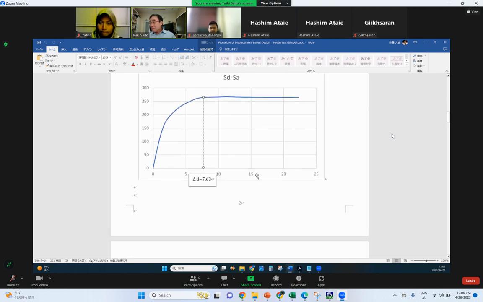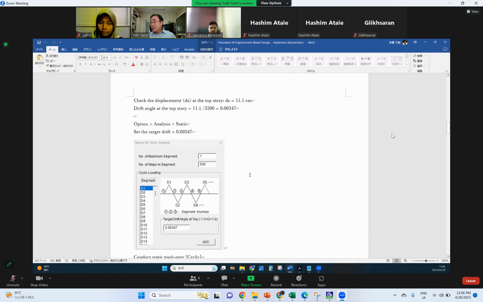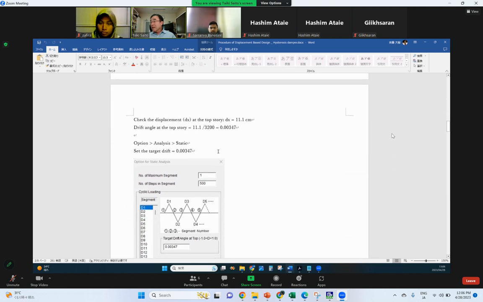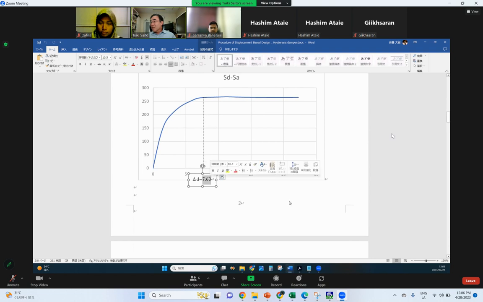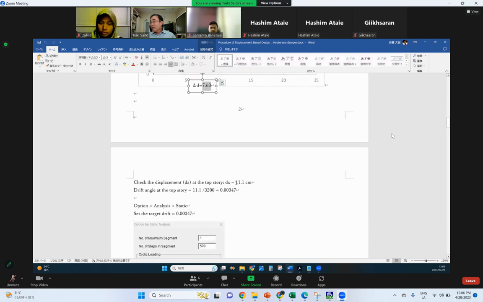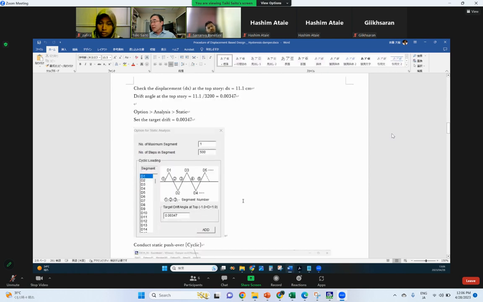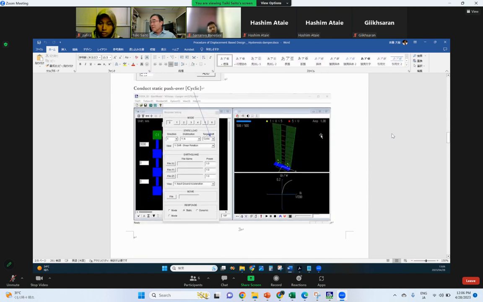So we push the building. The top deformation corresponding to this is 11 centimeters. So we push this building until then. So this is the target.